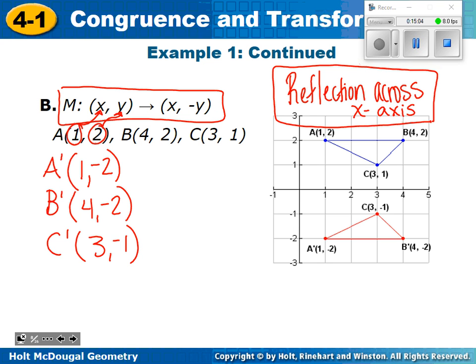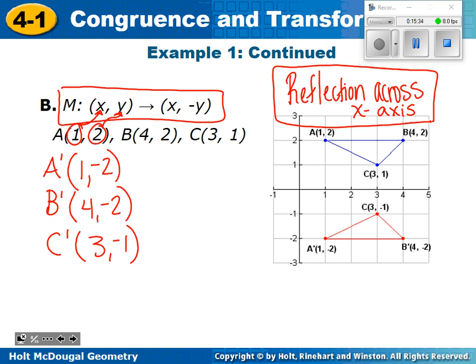That's going to be a reflection, but that will be across the Y-axis. Because if I go across the Y, I'm going from positive X to negative X. Does that make sense? So whichever one is changing to a negative, it's the other axis that you're going to reflect across. You're going from positive X across the Y to a negative X.